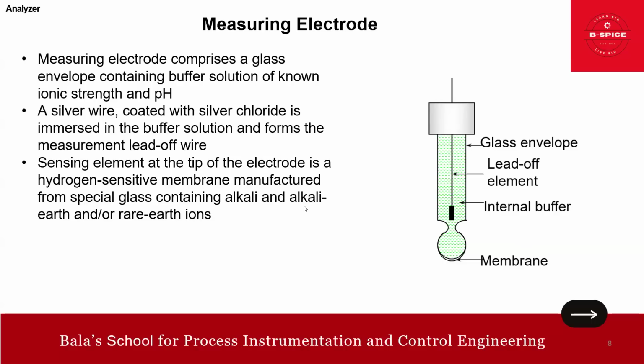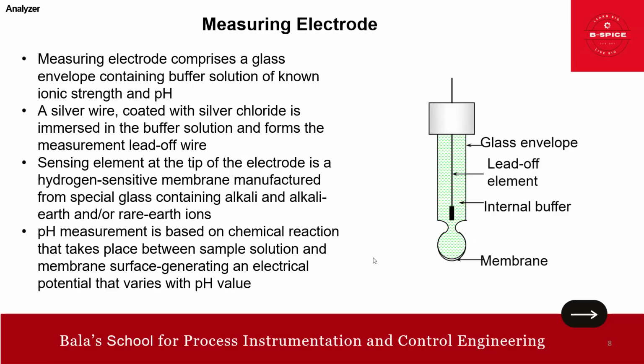The sensing element at the tip of the electrode is a hydrogen sensitive membrane, manufactured from special glass containing alkali, alkaline earth and rare earth ions. So this is the funda. pH measurement is based on a chemical reaction that takes place between the sample solution and the membrane surface, generating an electrical potential that varies with the pH value. Very simple, right? I hope this is clear.